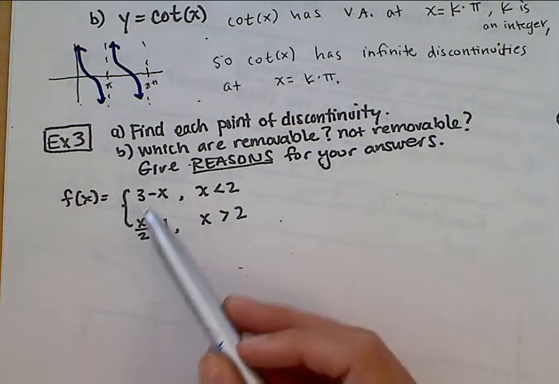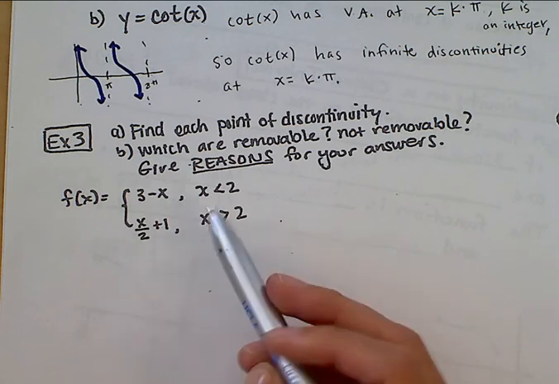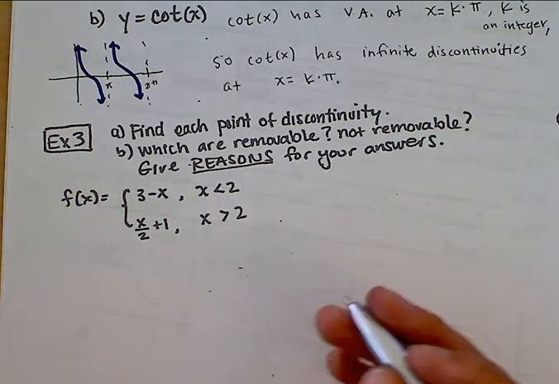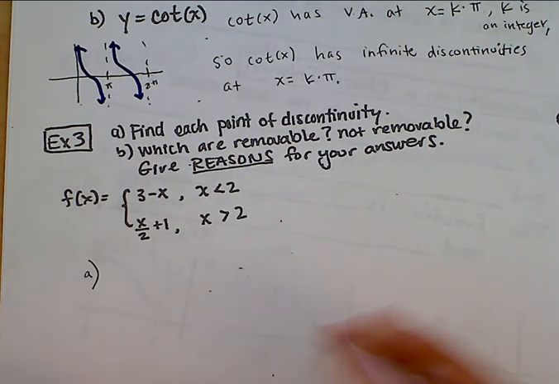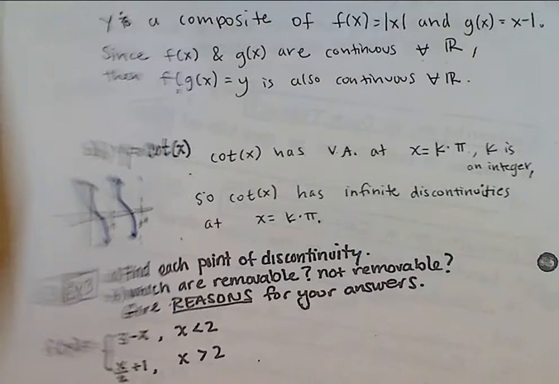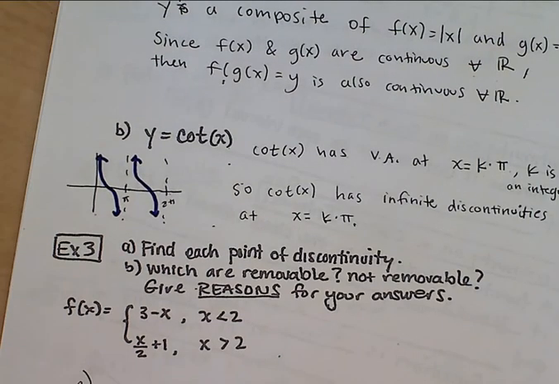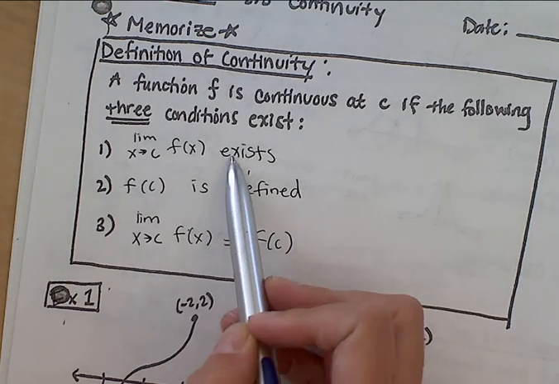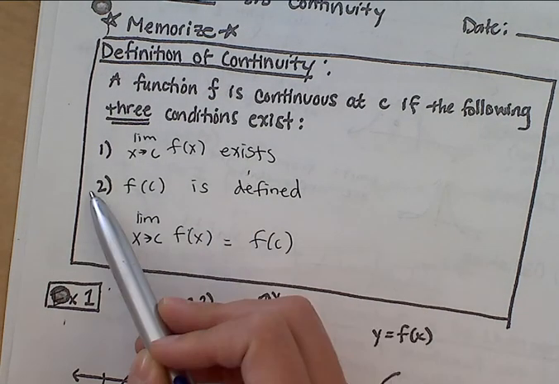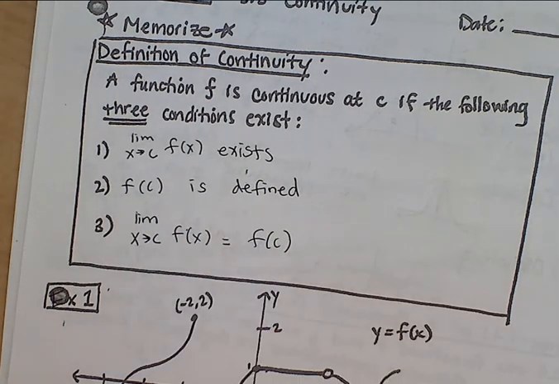So when you have a piecewise function, in order to determine if it is continuous, remember we should follow those same steps that we did before with our graphs. So what determines if a function is continuous? It has to meet these three criteria. So the limit must exist, and f of c must be defined, and they must be equal to each other. Okay.